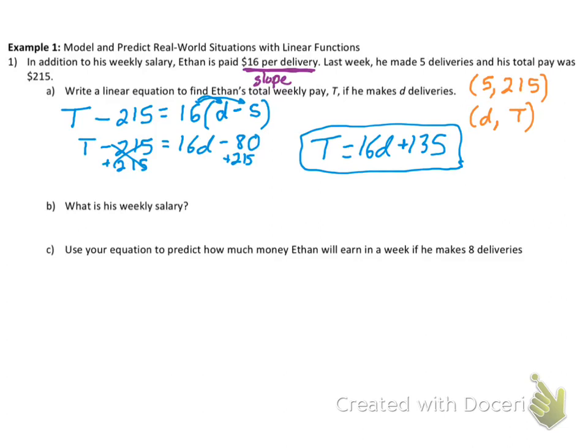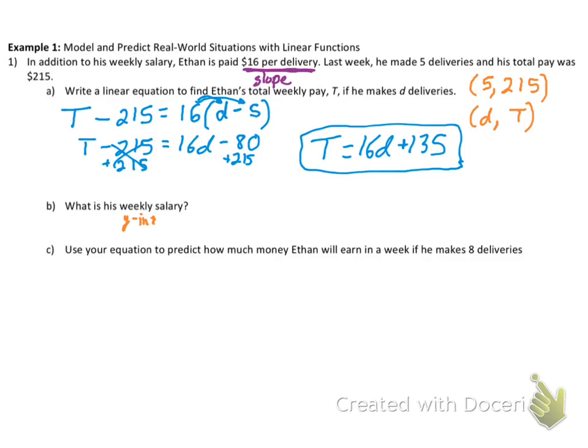Okay, the next question is asking us to use our model, T equals 16D plus 135, because it asks us what's his weekly salary. So if you remember, he gets a weekly salary no matter how many deliveries he makes. So basically, this is asking us for the y-intercept. And the y-intercept here is the b value in y equals mx plus b.